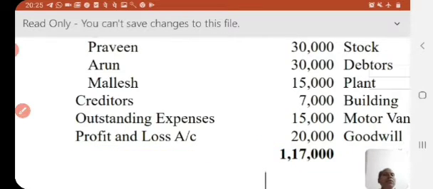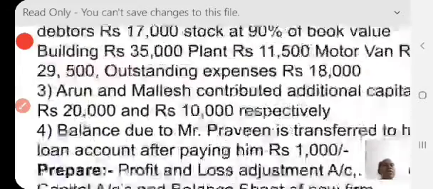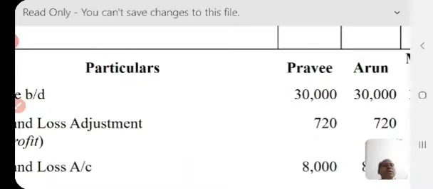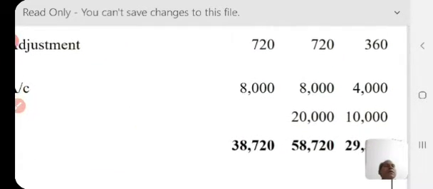So 20,000 is the profit, and that is distributed among the partners in the ratio of 2 is to 2 is to 1. 8,000, 8,000 and 4,000. This is the profit.